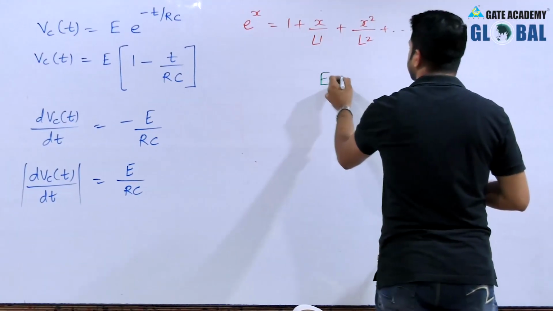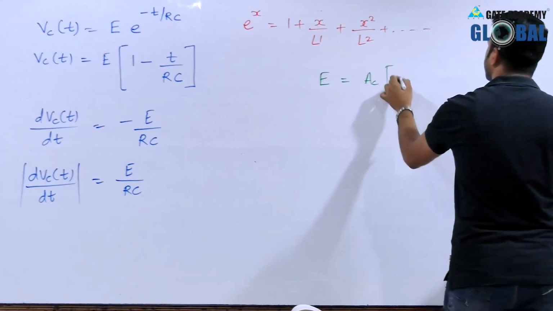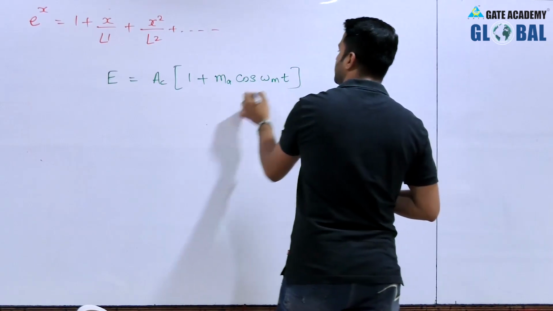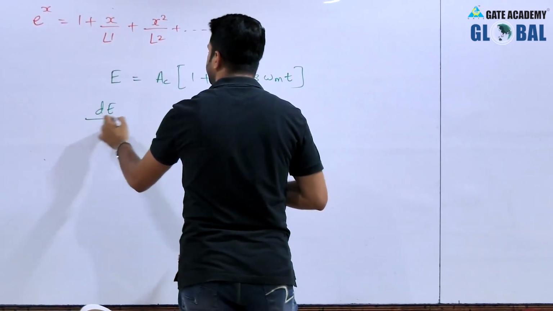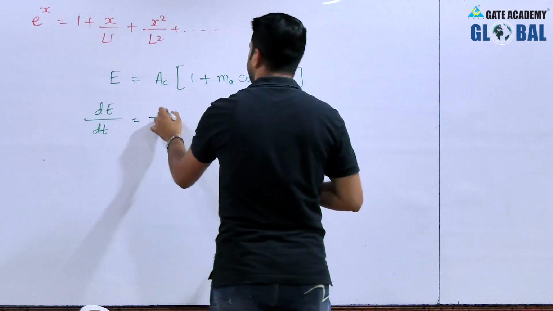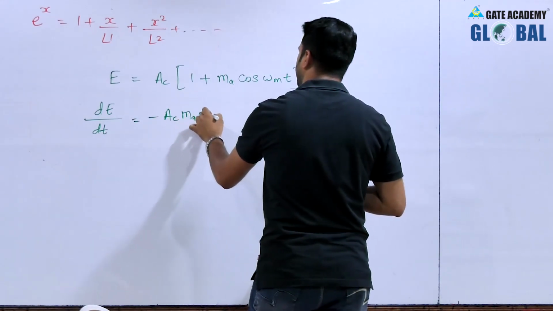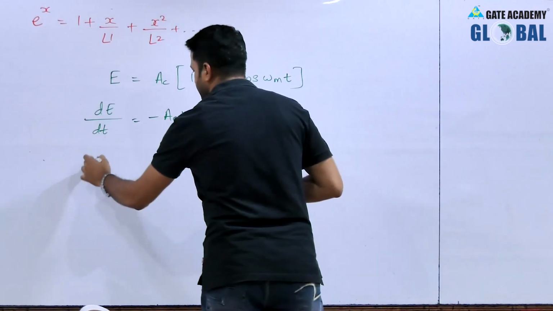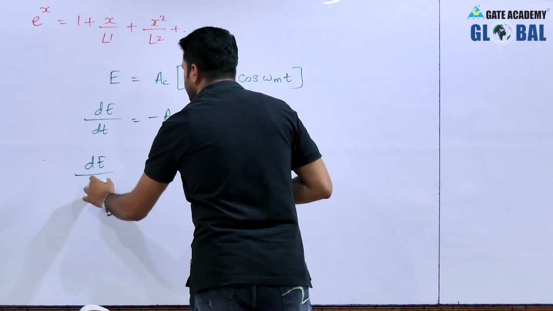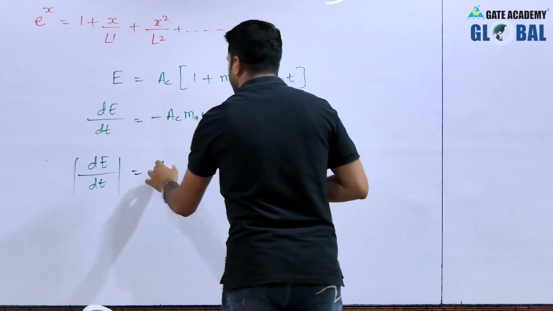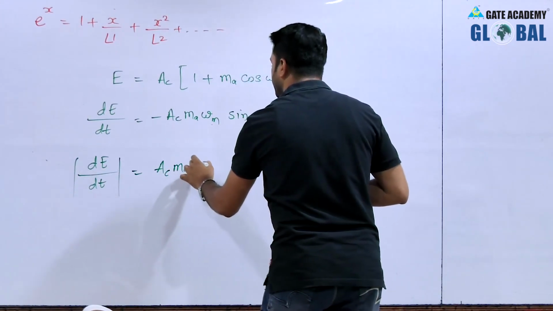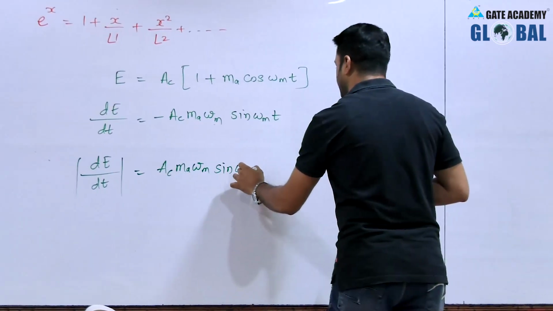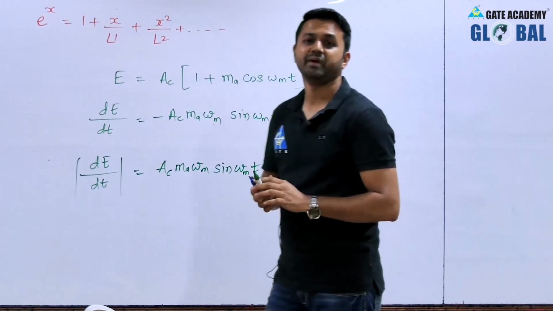The envelope is Ac(1 + mₐ cos ωₘt). So dE/dt is minus Ac mₐ ωₘ sin ωₘt, and considering magnitude only, |dE/dt| is Ac mₐ ωₘ |sin ωₘt|.